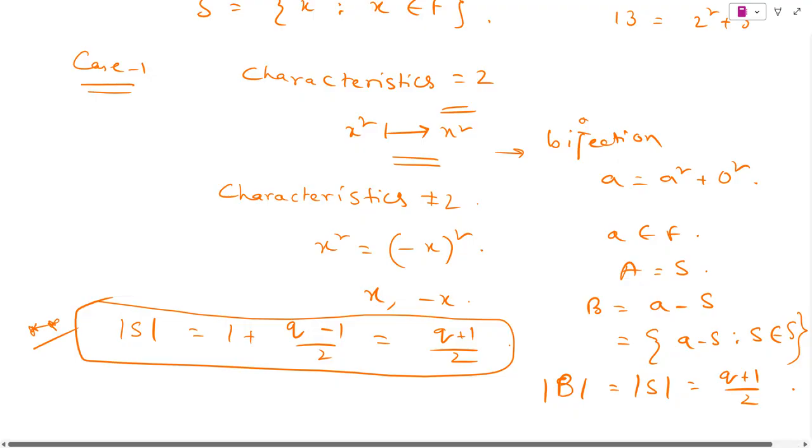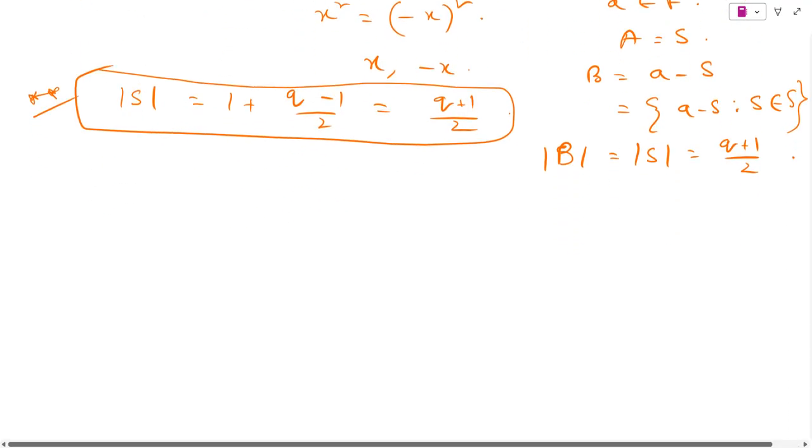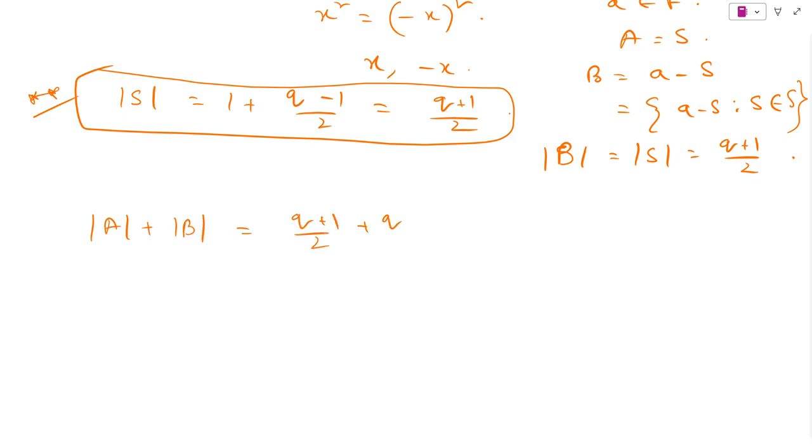Now the size of A plus the size of B is q plus 1. But the whole field contains only q elements, and therefore two subsets having a total size of q plus 1 cannot be disjoint, and hence A intersection B cannot be null.